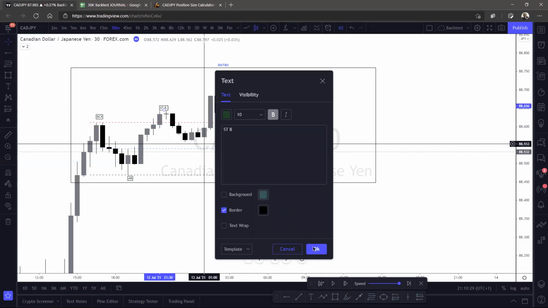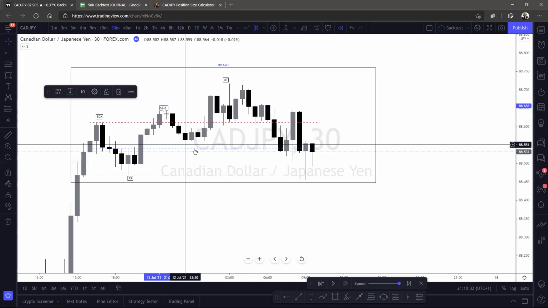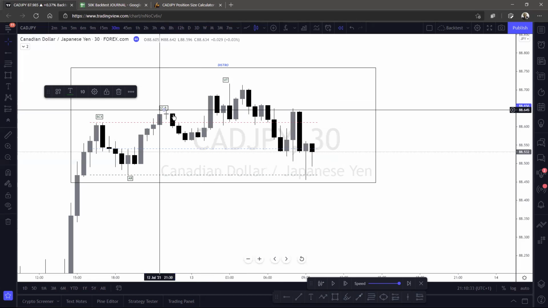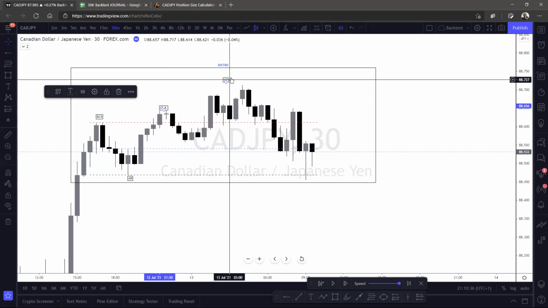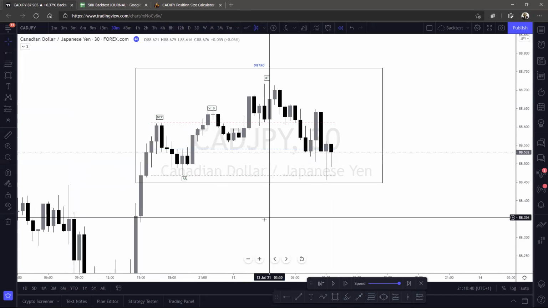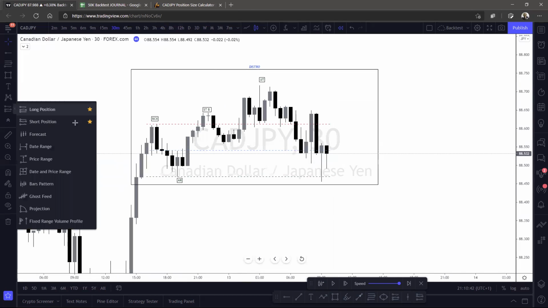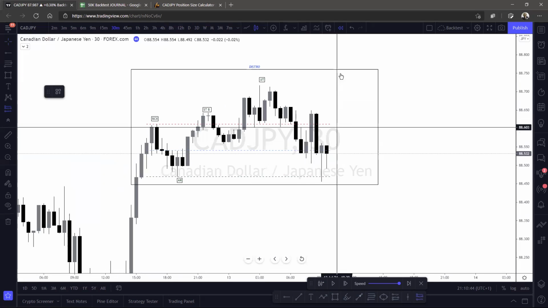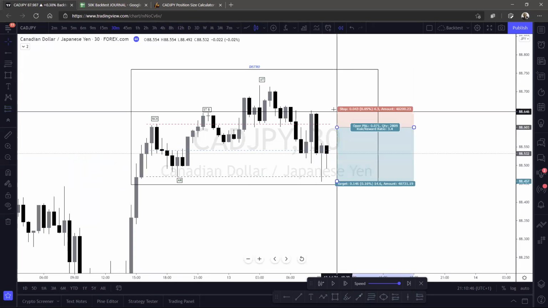Okay, we can see this didn't really push in to about 50%. This area here, this obviously did, and it obviously broke structure as well. I'll be looking at this area here for some sort of entry.